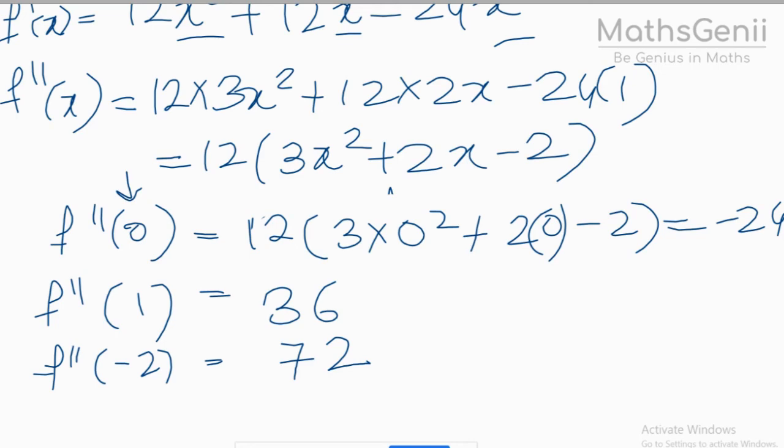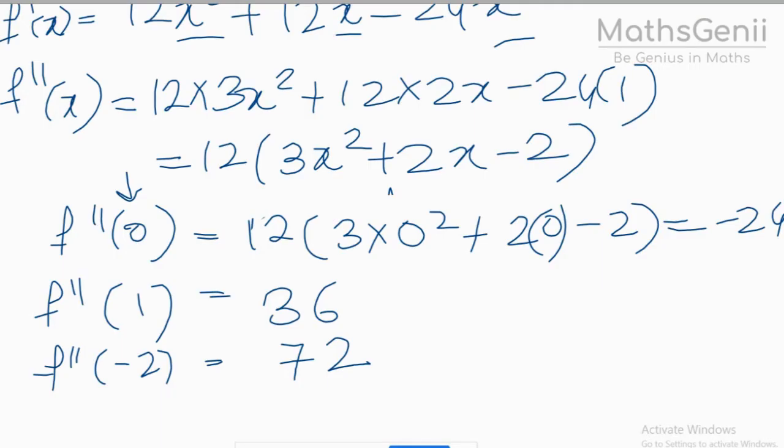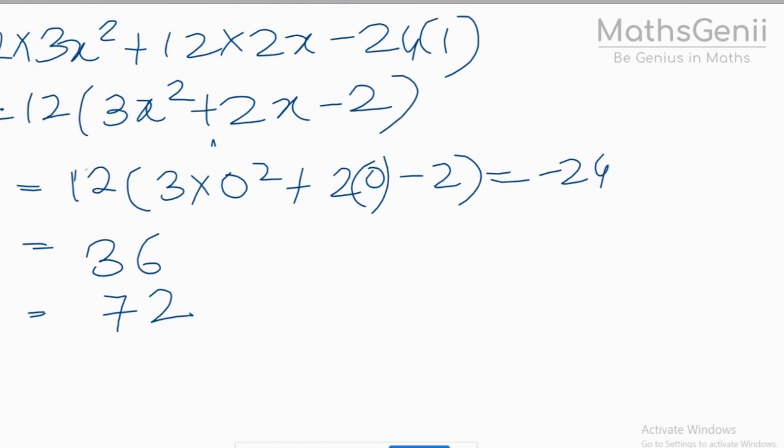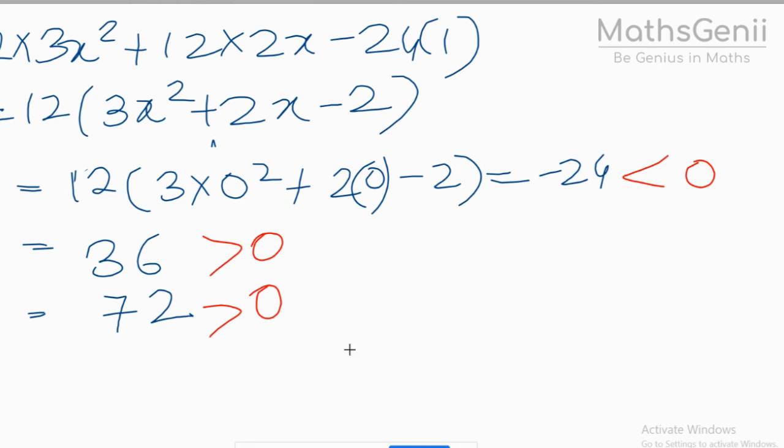Now, what was the conclusion? Less than 0 or greater than 0? First, find that. Minus 24 is less than 0. This is greater than 0. This is greater than 0. What did I tell you if it is less than 0? If your answer of f double dash of x is less than 0, then it's maximum.